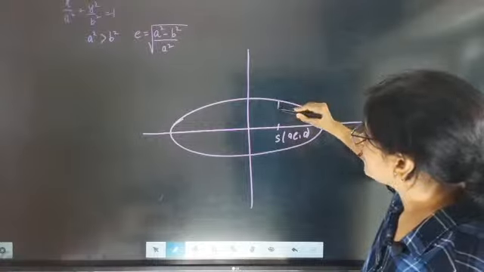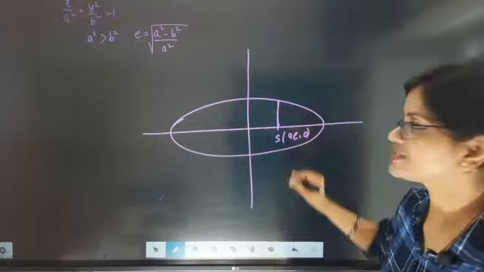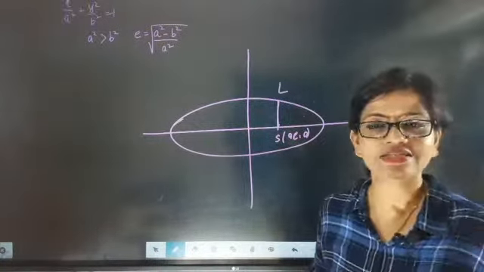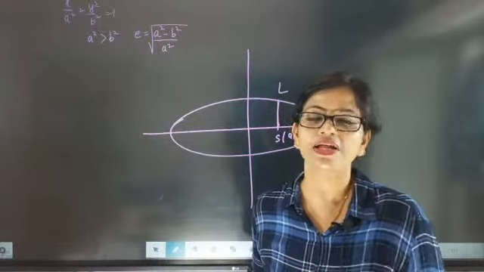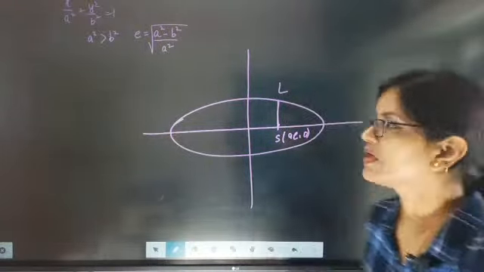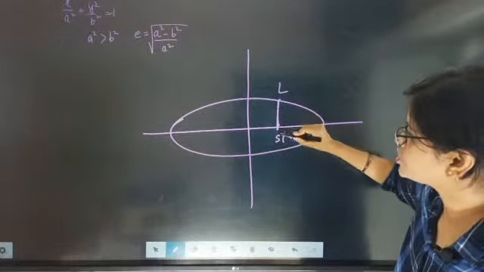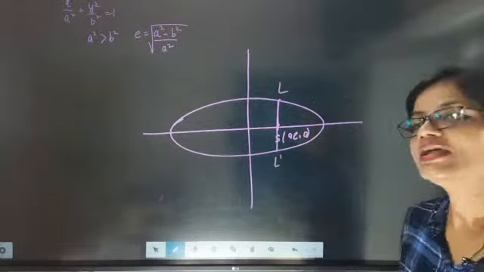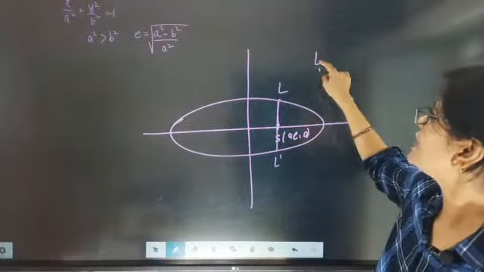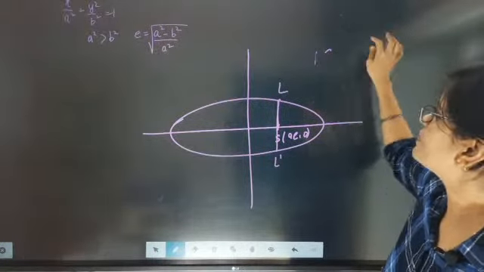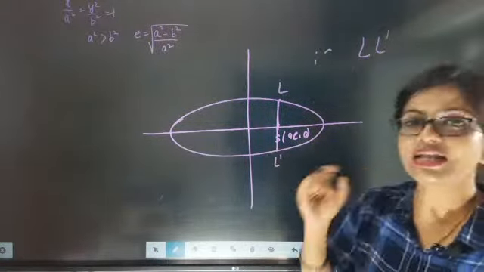Now if I draw one line perpendicular to the x-axis, it comes as LS. This is called the semi-latus rectum. When I join this together to L dash, it will be called the latus rectum. So LS is the semi-latus rectum and L dash is the latus rectum.